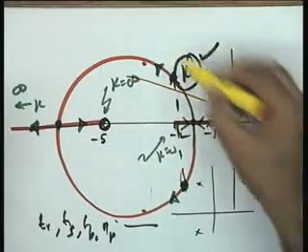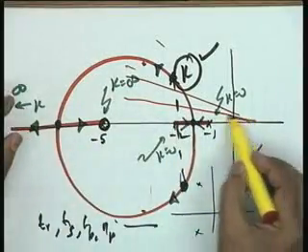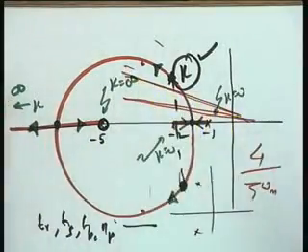So, it means you should design for a little larger value of zeta, so that the effect of the zero makes the response what is acceptable to you. A larger value of zeta is given by this line compared to this line.